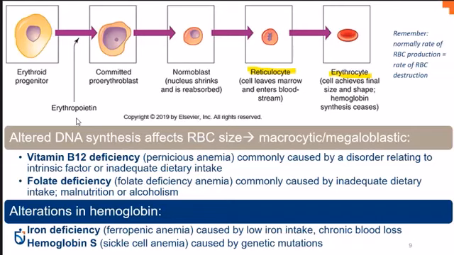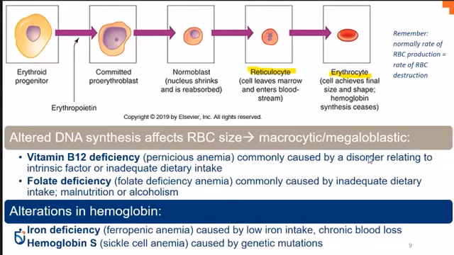And so if somebody is deficient in a certain vitamin, it can affect the DNA synthesis of that red blood cell, which can lead to a change in that red blood cell size. And so we call these macrocytic or megaloblastic anemias. Macrocytic, we talked about that being a large cell. Megaloblastic is another term that you might see, just means large, mega, large.